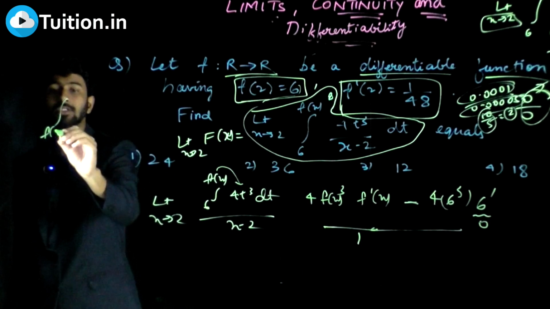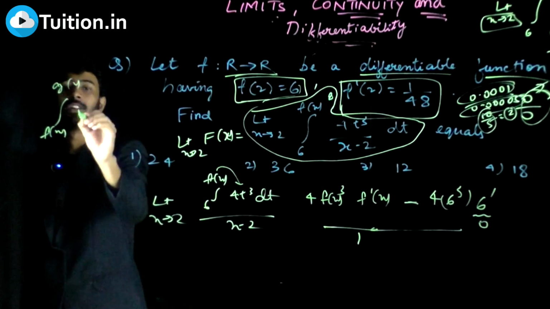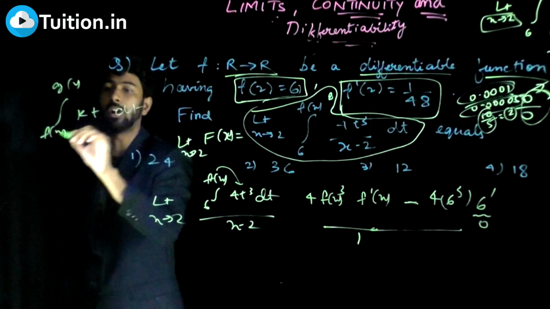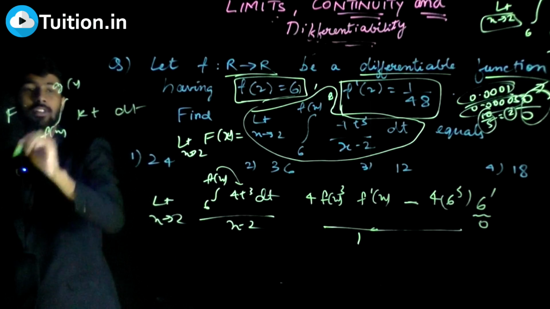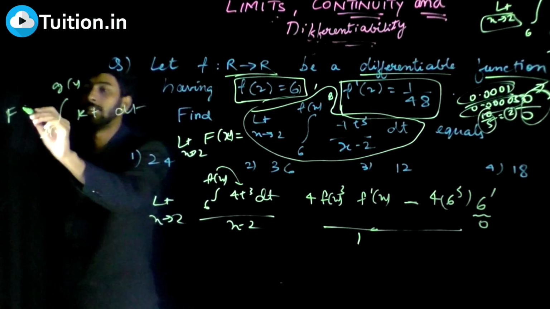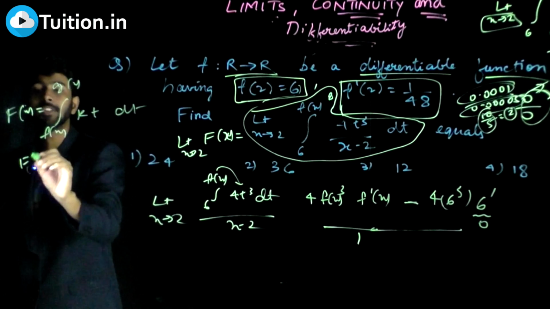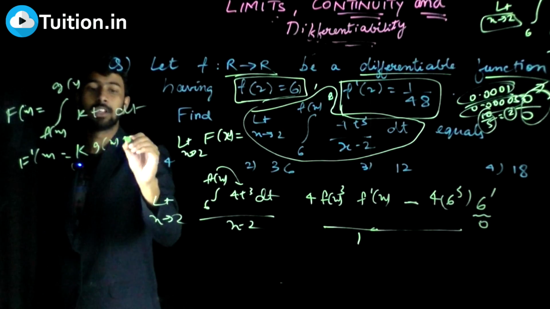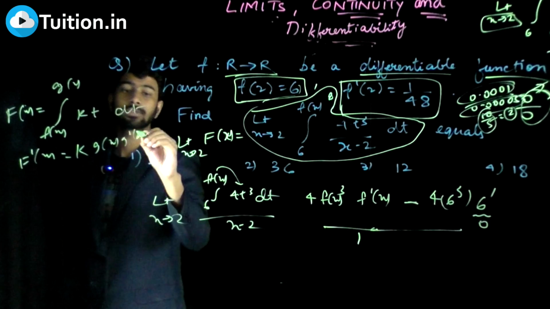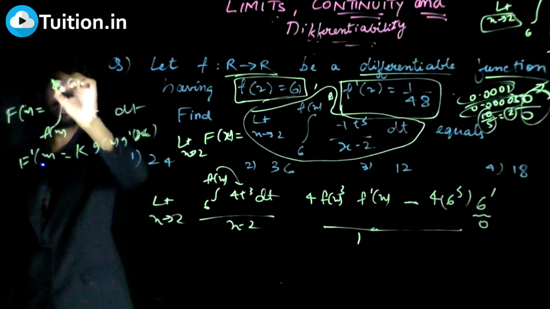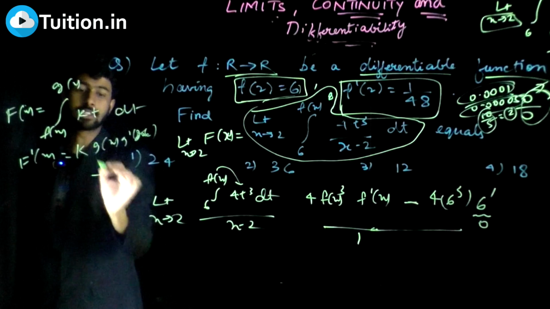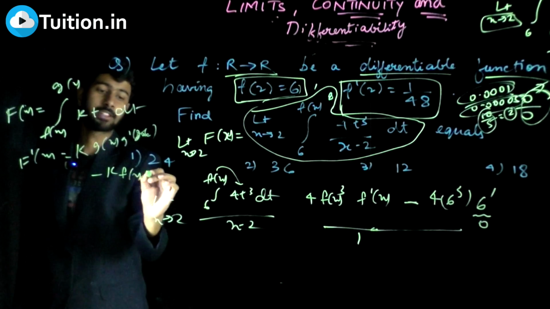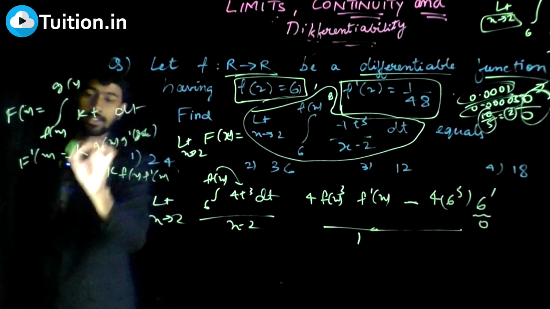If the integral from g of x to h of x of k of t dt is your capital F of x, and you need F dash x, you simply put k into h of x into h dash x. Put this and take its derivative, multiply, put this and multiply with its derivative. This is your F dash x.